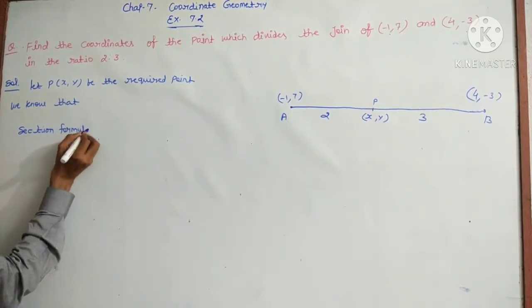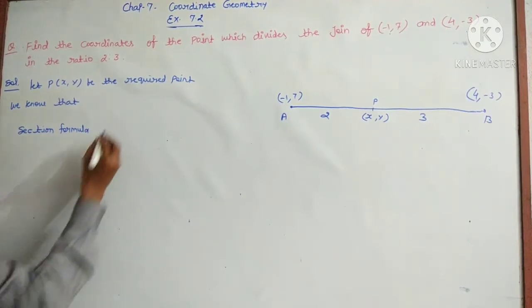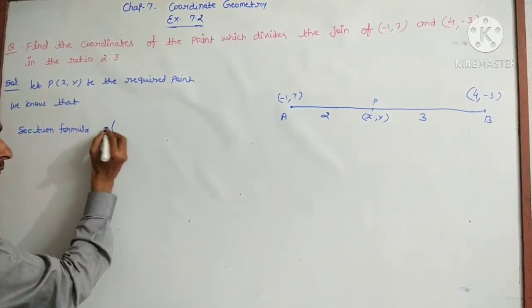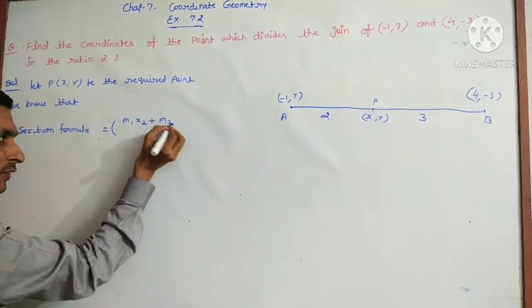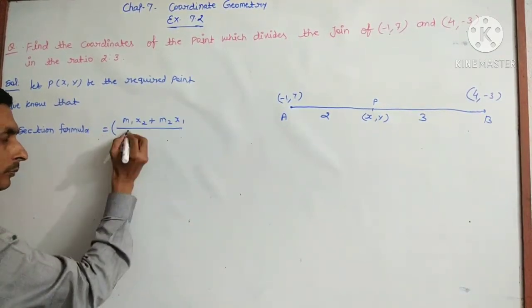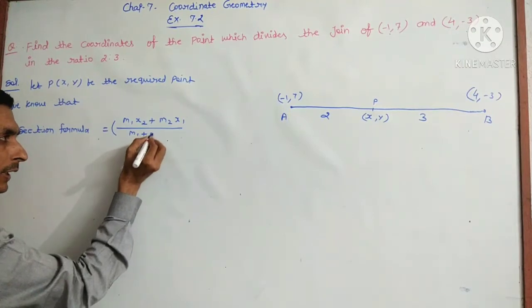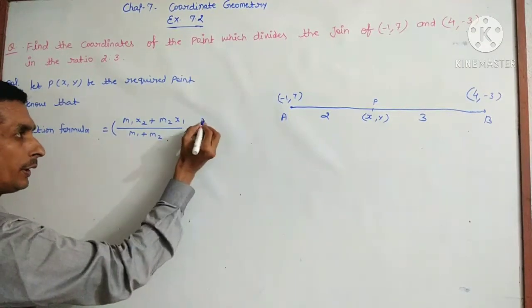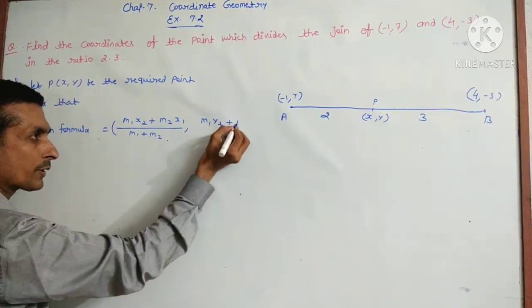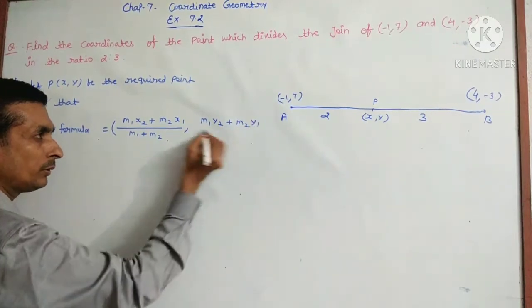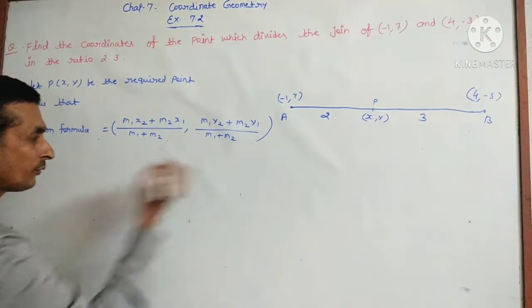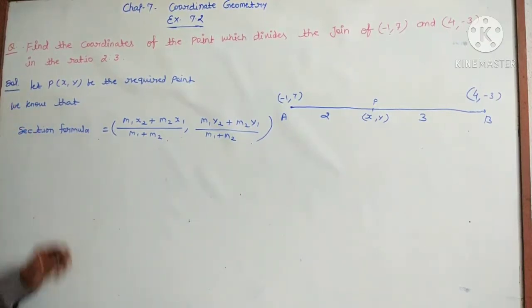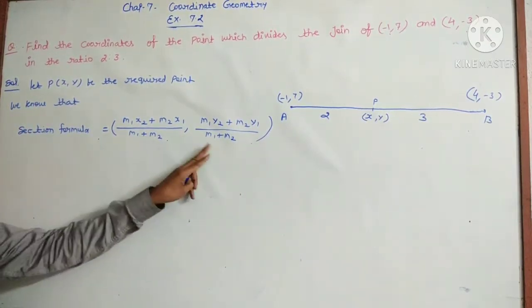You can see here the section formula: (m1 x2 + m2 x1) upon (m1 + m2), comma (m1 y2 + m2 y1) upon (m1 + m2). Okay, so now we will find out the value of x and y.